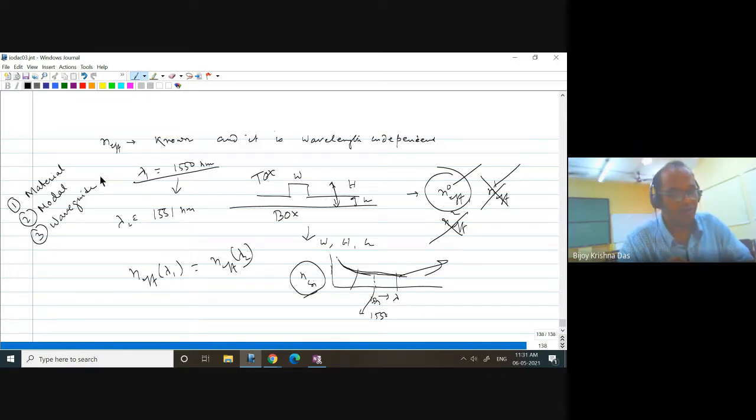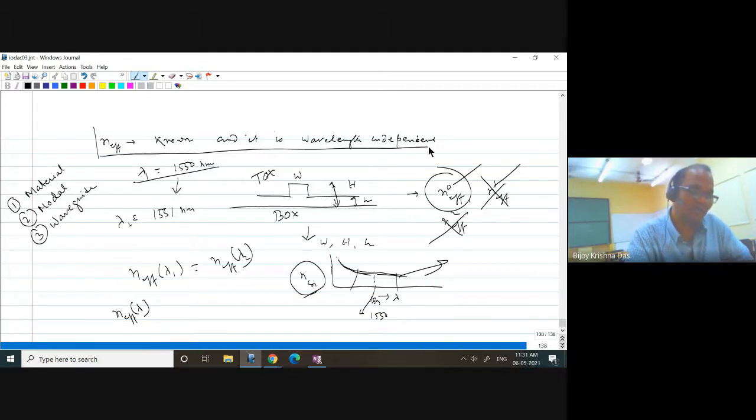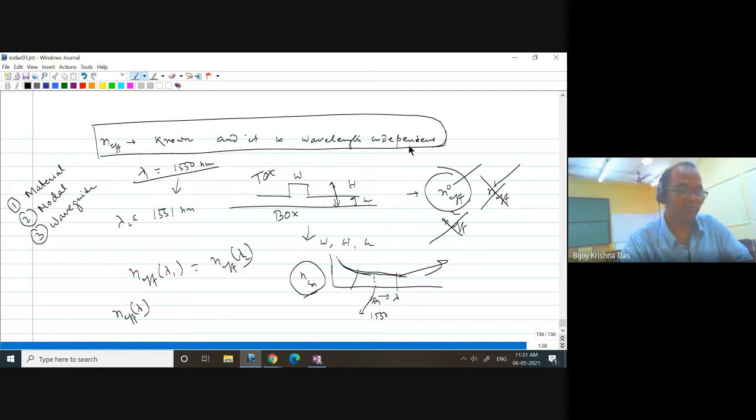So what I want to say right now is that n effective is always a function of lambda. But for the moment, let us just assume n effective is wavelength independent. That is a strong assumption, a forced assumption.